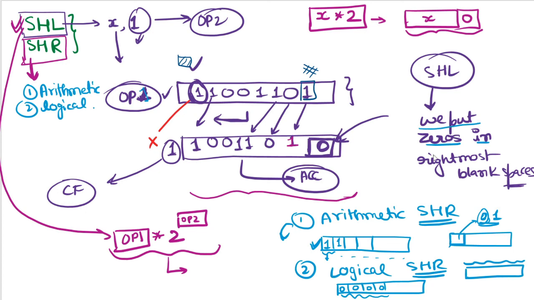So we put the MSB value in leftmost blank spaces in arithmetic SHR, and we put 0 in leftmost blank spaces when we are doing logical SHR.